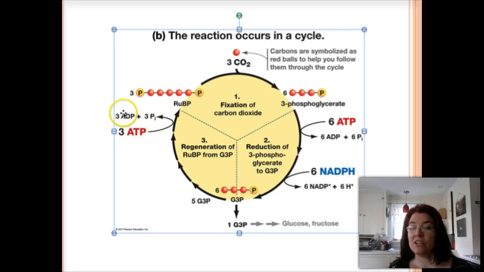Notice that we have to hydrolyze a little more ATP here in order to regenerate the RUBP. So we hydrolyze ATP, we oxidize NADPH during reduction, and we hydrolyze a little more ATP during regeneration.